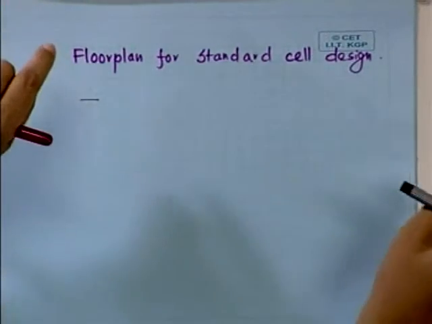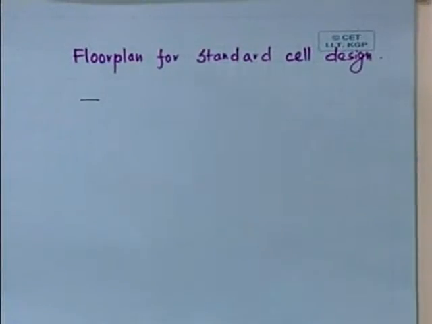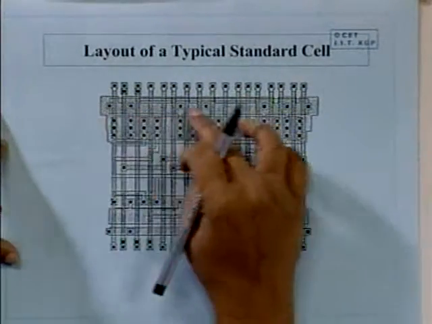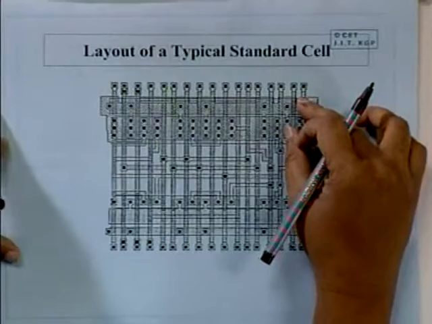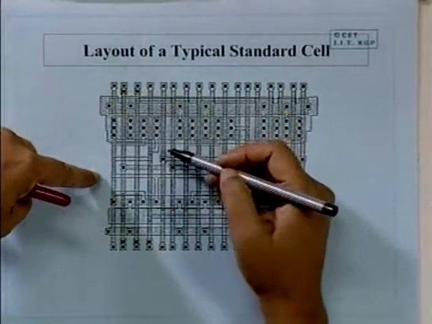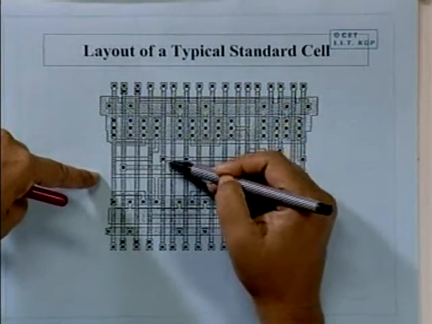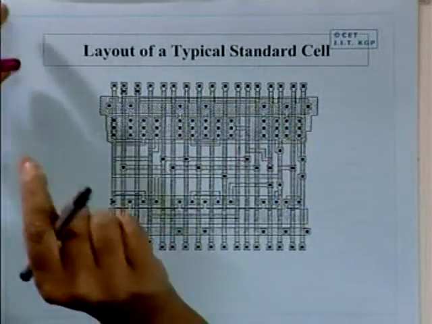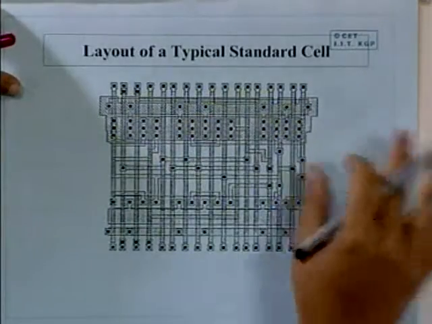So, normally what we have seen in the picture, some rows and some columns are available. Now, between cell rows, in the picture we have seen that normally the cells are placed on a row, and between these cell rows the interconnections are there, because of interconnection between cells.